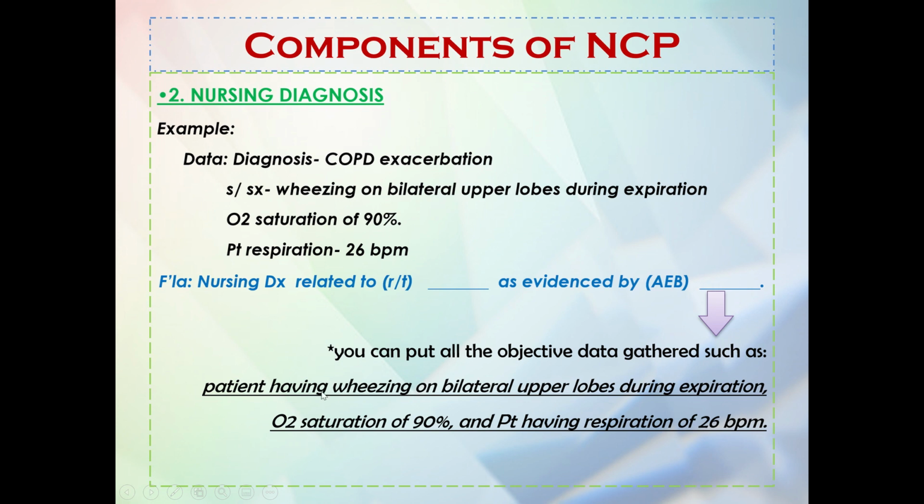As evidenced by a patient having wheezing on bilateral upper lobes during expiration, oxygen saturation of 90%, and patient having respiration of 26 breaths per minute or cycles per minute. And that's it. That's how we write the three-part statement of the nursing diagnosis.